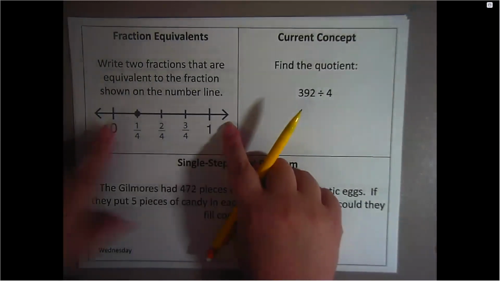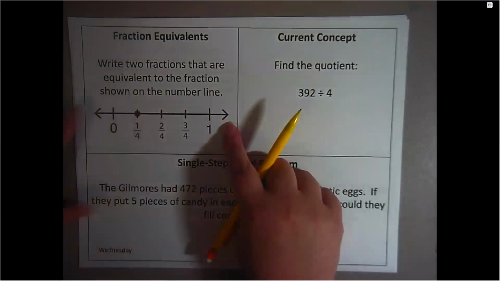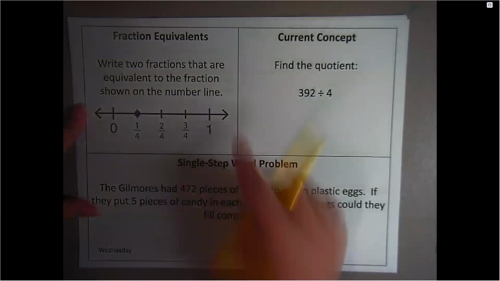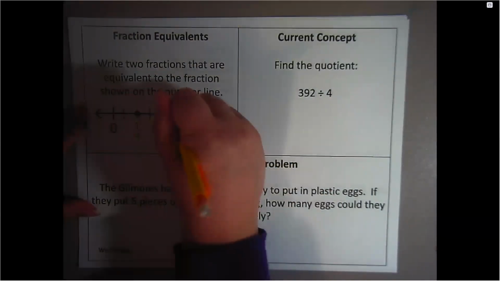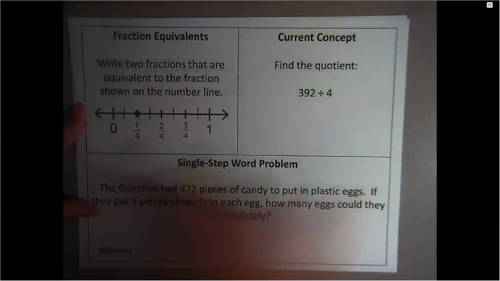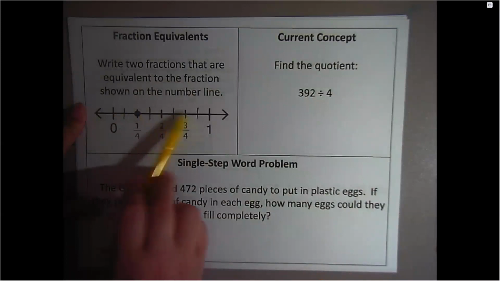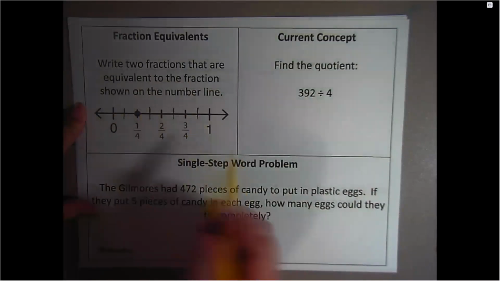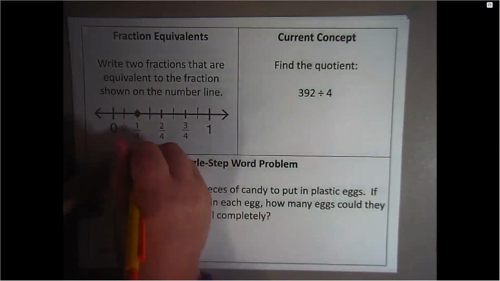It's divided into 4 equal parts, 1, 2, 3, 4. So what if I were to divide each of those parts in half? And now I have 1, 2, 3, 4, 5, 6, 7, 8 parts. So this would be 1/8. This would be 2/8.